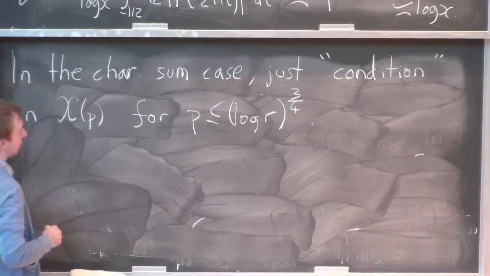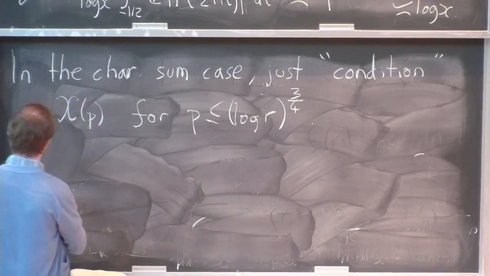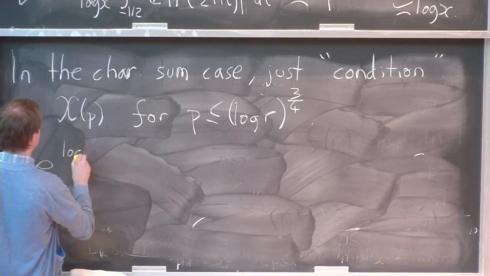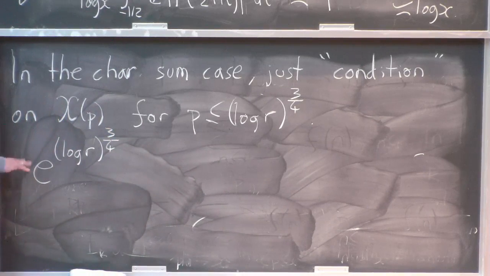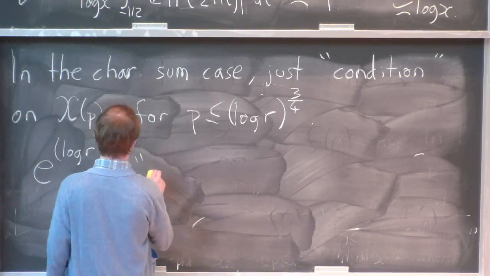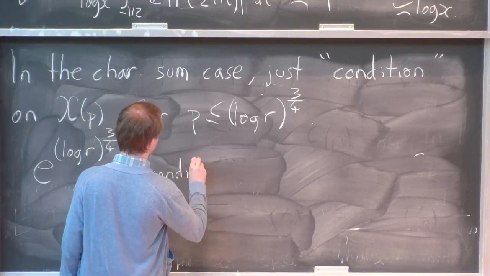Now I can do that because I have log r to the 3/4 conditions, so that will cut down the size of my space by something like that when I do the conditioning.